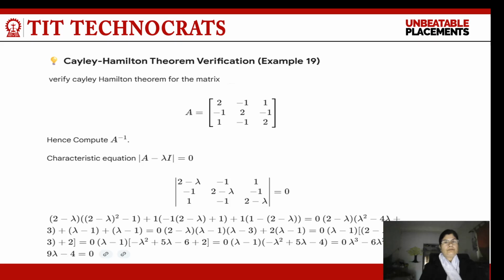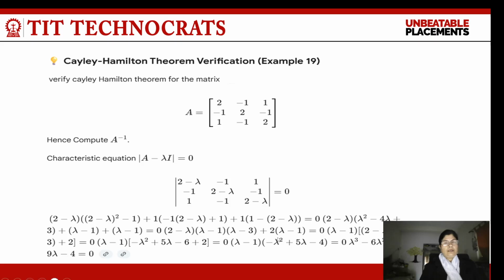So we discuss a problem. Verify Cayley-Hamilton theorem for the matrix A is equal to 2 minus 1 1, minus 1 2 minus 1, 1 minus 1 2. Hence compute A inverse.